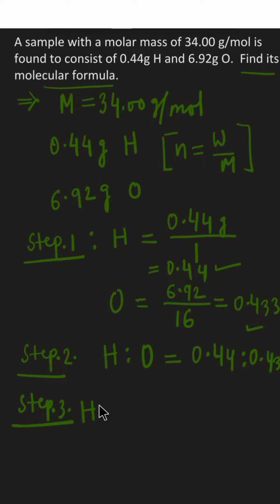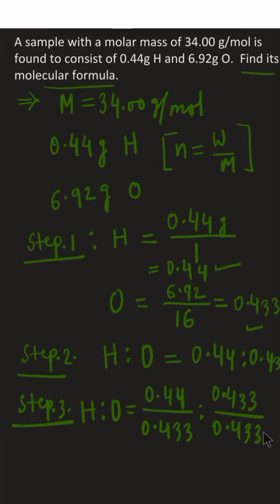So the simple ratio of hydrogen and oxygen will be 0.44 divided by 0.433, and 0.433 divided by 0.433. Remember, when we are talking about the empirical formula, we have told you that empirical formulas are the simplest whole number ratio.